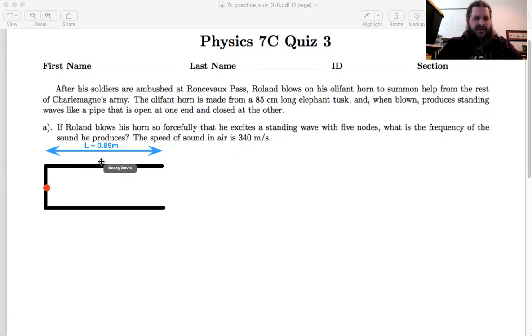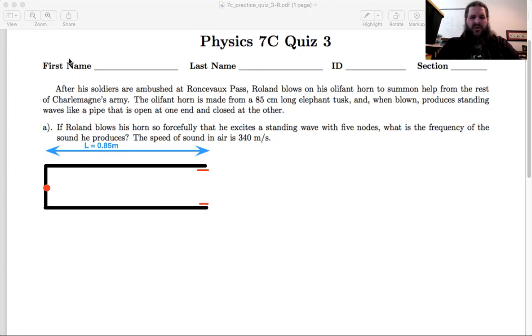Let me actually make this a little longer. I think we're going to need some more space here to draw this well. And it specifically says we want a standing wave with 5 nodes.